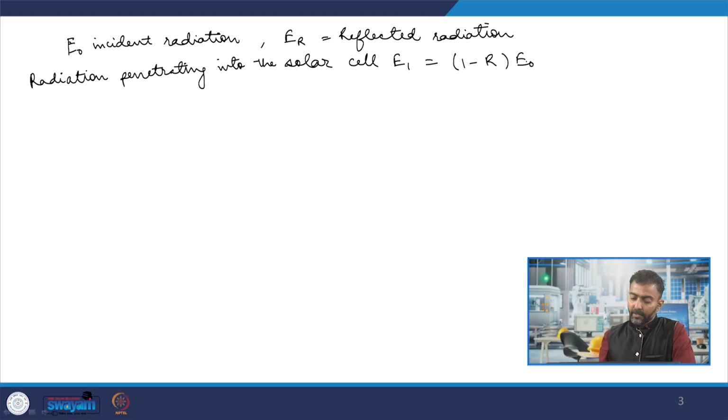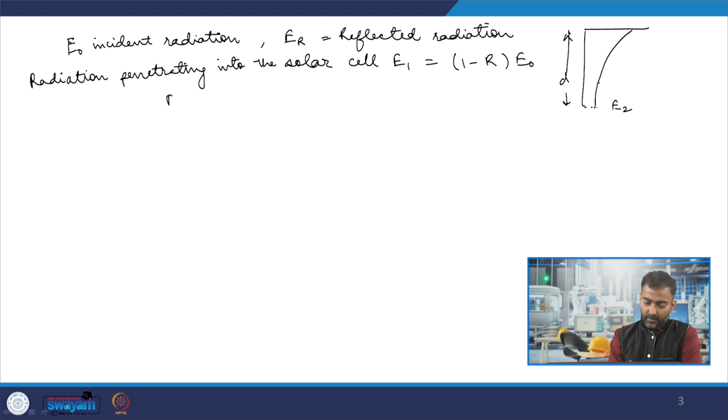Now this radiation E1 starts decaying exponentially as we go deeper and deeper in the solar cell, such that at the bottom end of the cell, where the depth of the solar cell is D, we call the radiation E2.